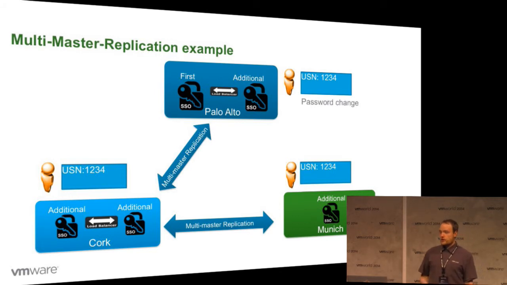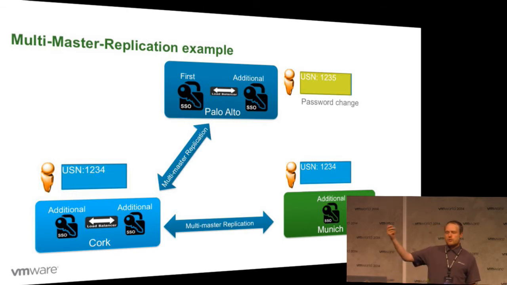So if we change the password for that user in Palo Alto, for example, the USN will increase, and now it's Munich's turn to actually pull the information. It will pull from Cork. Cork did not notice the change yet, so therefore nothing will happen.